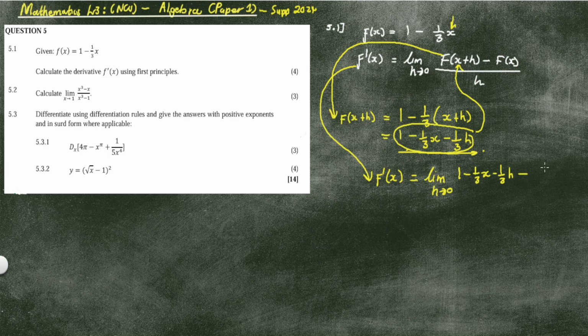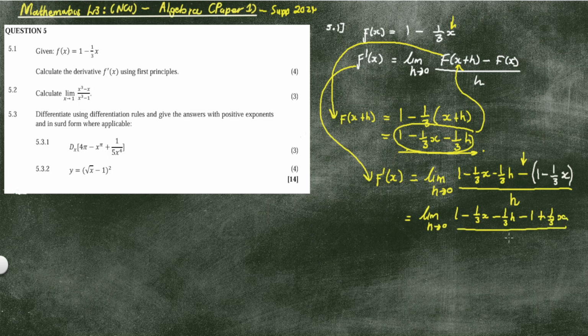For the f of x, I'll open up a bracket and say 1 minus 1 over 3x. The reason I do this is that the negative sign will affect all the values of the f function, all divided by h. That equals the limit as h approaches 0 of 1 minus 1 over 3x minus 1 over 3h minus 1 plus 1 over 3x, over h.